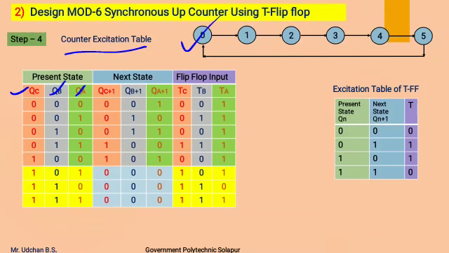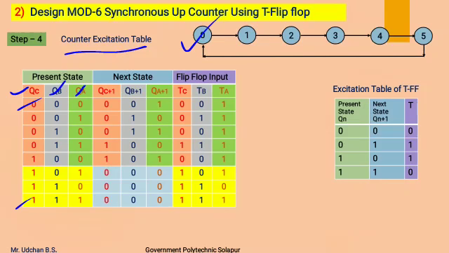Now as there are 3 outputs, the possible combinations are 8, which are written over here from 000 to 111. For each present state, we have to write the next state.